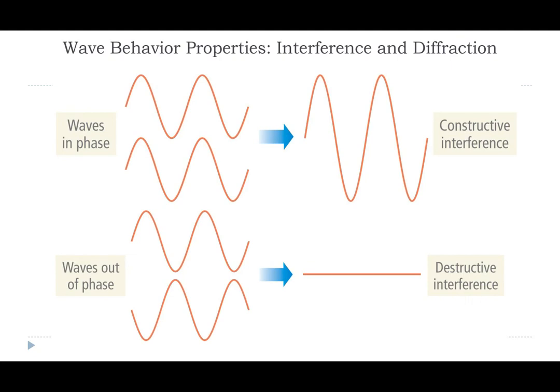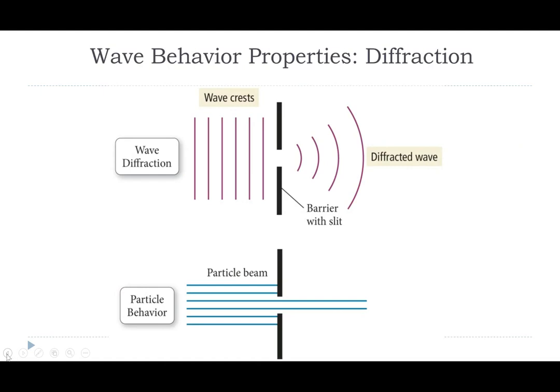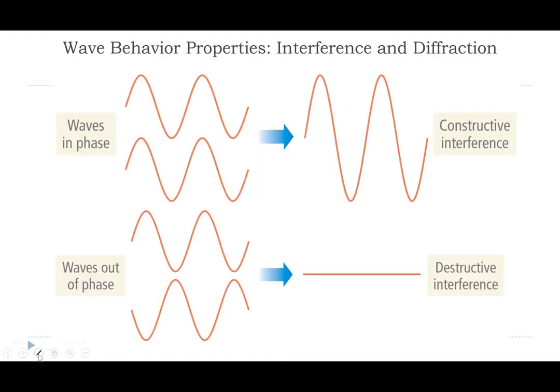Couple more properties of waves before we dive into experiments. So the next two properties we're going to talk about are interference and diffraction. So the first one is interference. So interference is when we have two waves that interact with one another or interfere with one another.